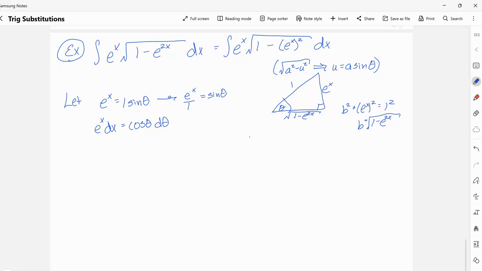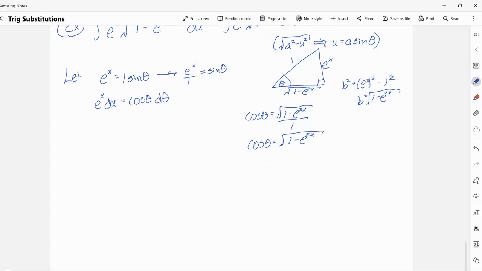Let's use this to figure out cosine. Sines and cosines go together. Cosine is adjacent over hypotenuse, which means cosine of theta is just the square root of 1 minus e to the 2x. So we've got all the pieces to make our substitutions.